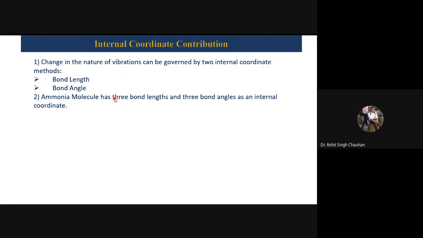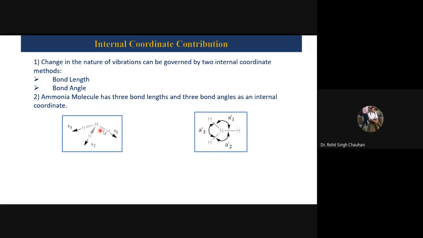Now, I mentioned the ammonia molecule has three bond lengths and three bond angles. Two you can easily locate. The third one is beyond that. Okay, I will let you know. So here I have shown you. Suppose this NH molecule, I have categorized it as S3, to make it distinguishable.